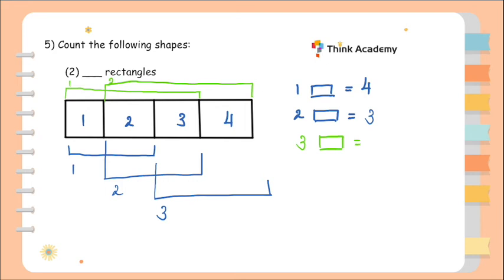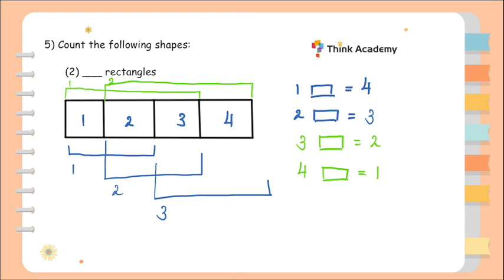But can I have more? No, I can only have 2 of a group of 3 rectangles. Great. Now, can we have a group of 4 rectangles? Yes, we can. And so, how many can we make? We can only make 1 because we only have 4 rectangles.